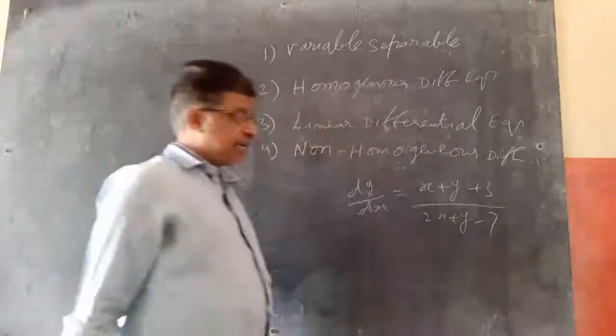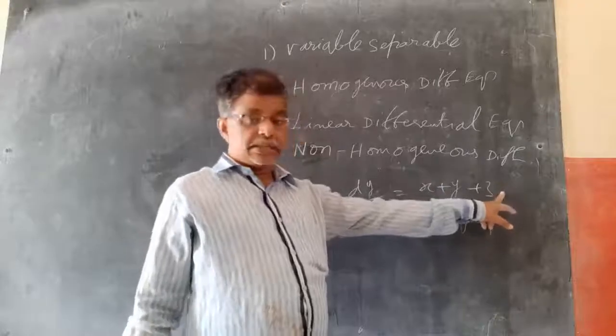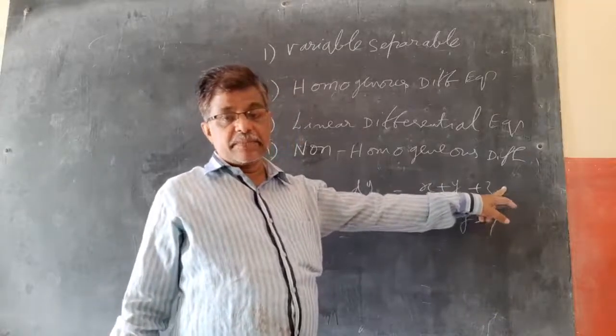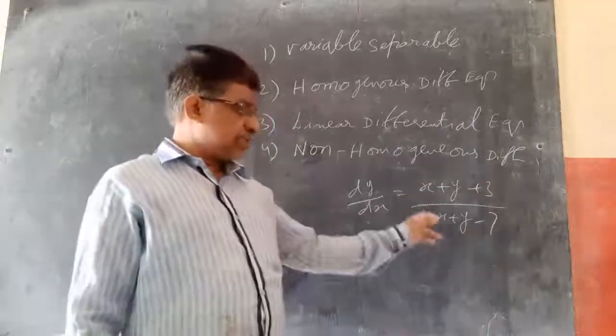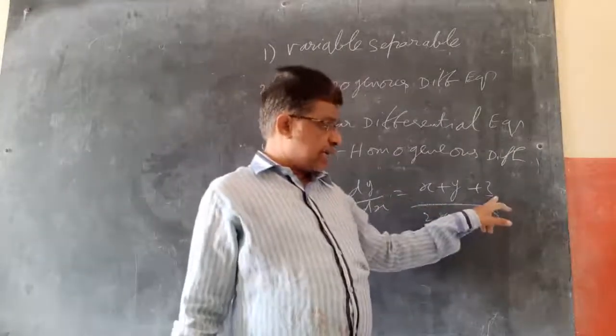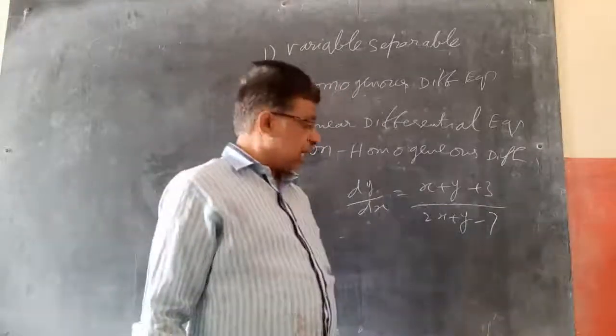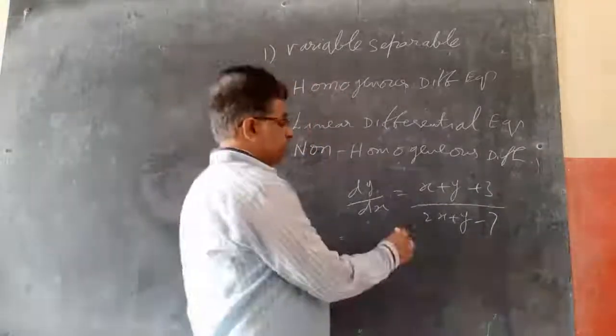Here all are of the same degree, but this is degree 0, a constant. So this is not homogeneous. If you substitute kx, ky, you can't take k common from 3.